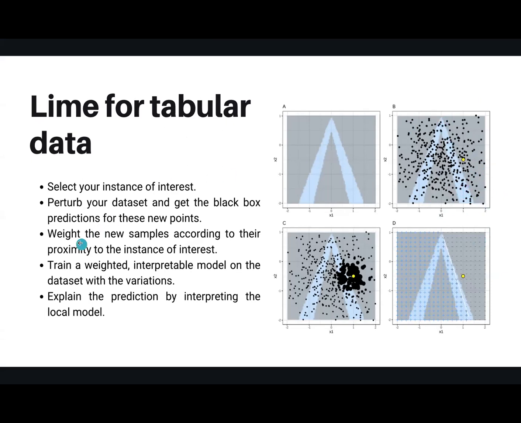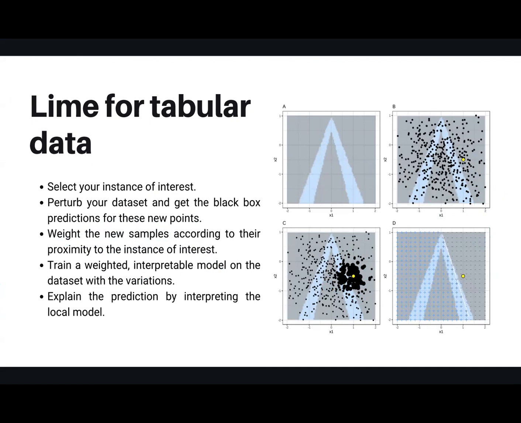Third step, we have to weight each new sample according to their proximity to the interest point. So for example, the points that are very close to this yellow part will have a higher weight for their loss function, right? So as you know, there is something called sample weights when you're calculating the loss, for any model. Take a model like linear regression, logistic regression, or even neural networks.